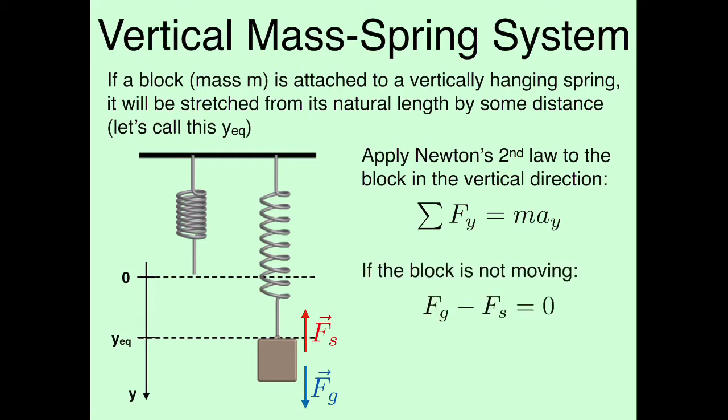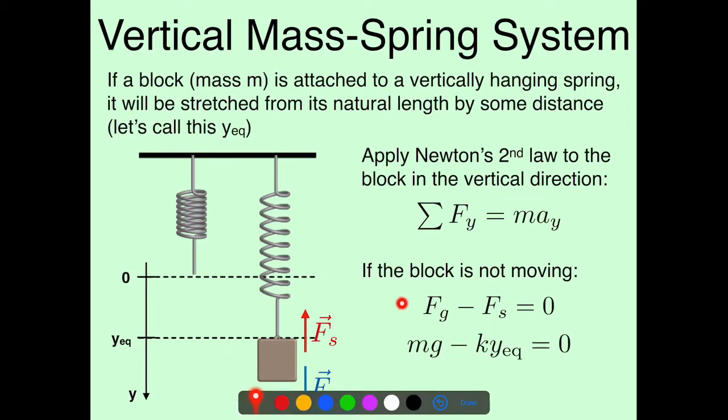So if the block is not moving, then I can set a_y equal to 0, and then we'll have F_g pointing down, which is the positive y direction according to the coordinate system that I set up here, and then minus F_s, which is pointing up, and the negative y direction, and those two equal 0. So basically, the magnitude of the force of gravity and the magnitude of the spring force have to be the same in order for them to balance out and for the block not to be moving.